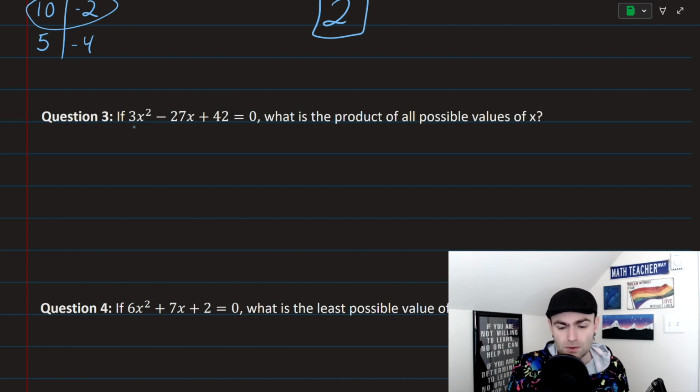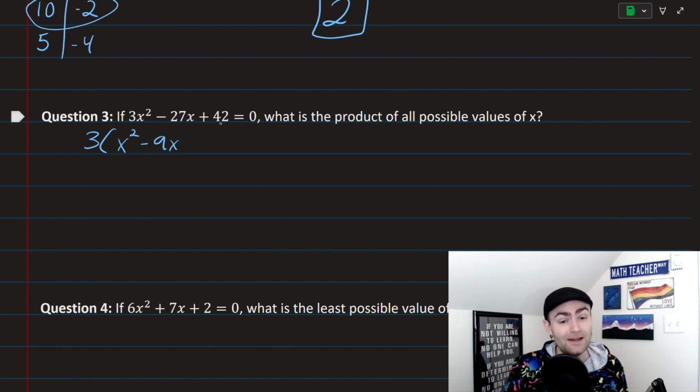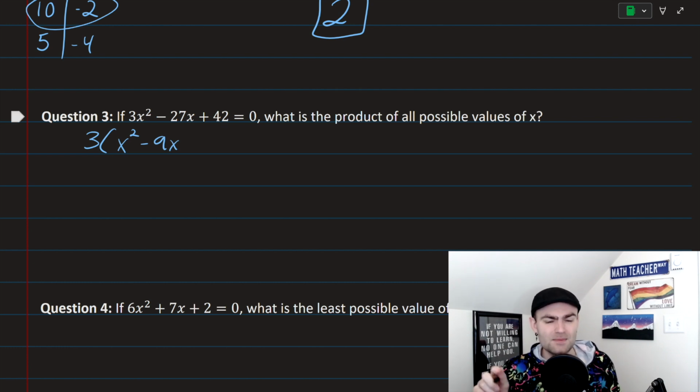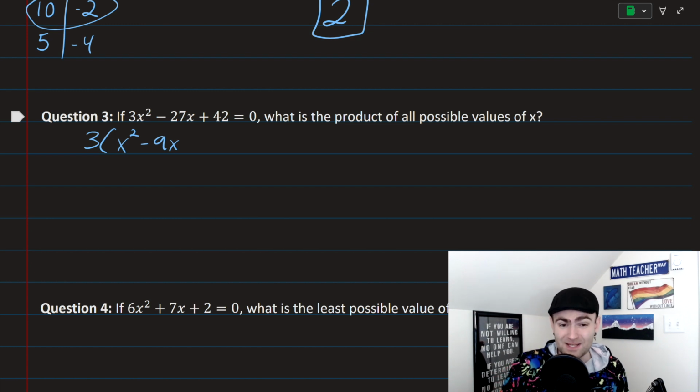So I'm going to factor out a 3 first. That gives me x squared. 3 times what is negative 27? That would be a negative 9. Now a trickier one, what times 3 is 42? Well, 42 is 6 times 7, which means it's 3 times 14. So plus 14 is equal to 0.